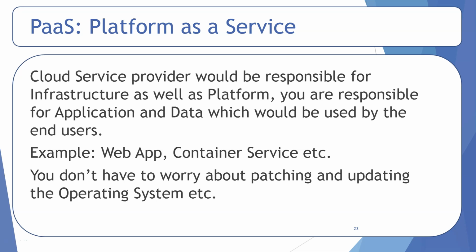Compare this with the cloud platform as a service model, in which the cloud service provider provides infrastructure and platform, but we have to deploy the application and maintain the data. Examples are Azure Web App, Container Services, or AKS, etc. PaaS is mainly used by application developers to deploy the software to be used by end users.